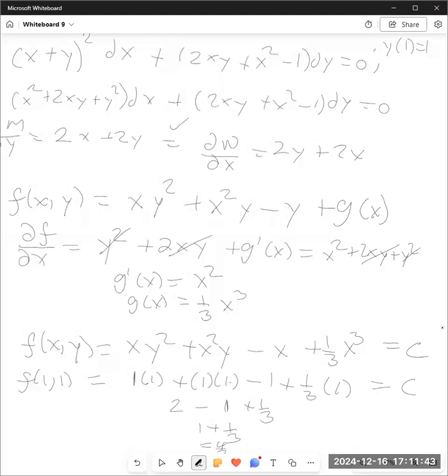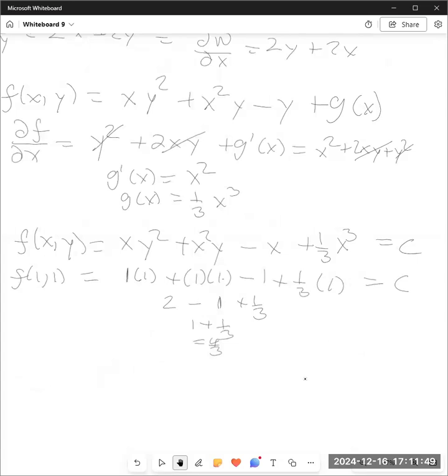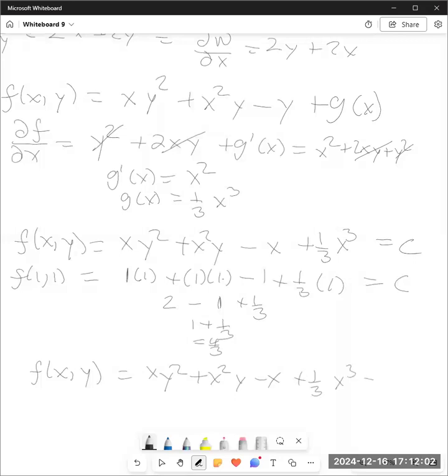So 4/3 is C. So we come back here. We say that that means that f of xy is equal to xy squared plus x squared y minus y plus 1/3 x cubed is equal to 4/3.